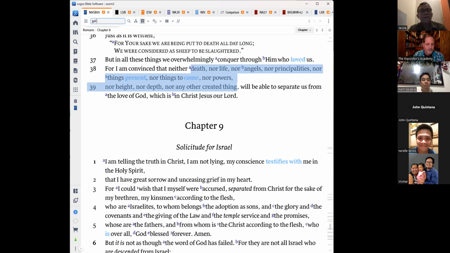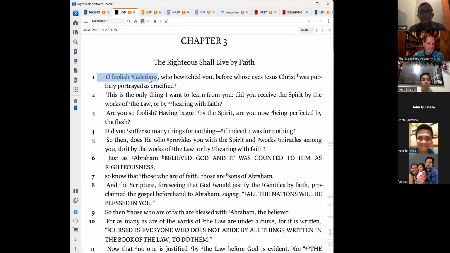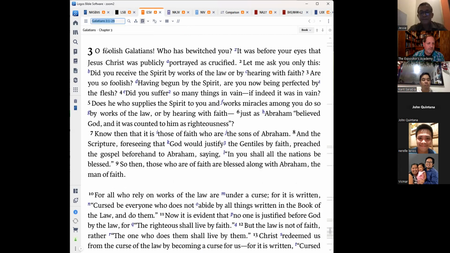I mentioned before, I think Galatians 3, you foolish Galatians, or oh foolish Galatians. That would be another way to say it here. The LSB has that, oh foolish Galatians. The ESV, oh foolish Galatians. And notice, by the way, the translators even put in an exclamation point. That's their opinion, but I think it's a correct one. They're saying Paul here is emphatic.